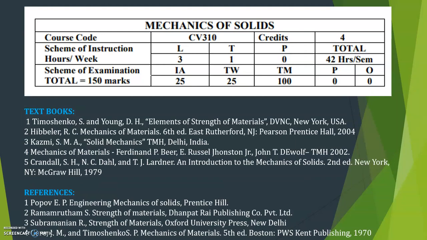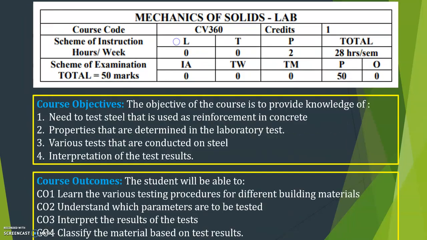So total 3 hours lecture and 1 hour tutorial. Okay, practical also there, but it comes under the different heading Mechanics of Solids Lab. 2 hours practical. Okay, here the course objectives of this practical subject are to test steel that is used as reinforcement in concrete, properties that are determined in the laboratory test, various tests that are conducted on steel, interpretation of the test results.